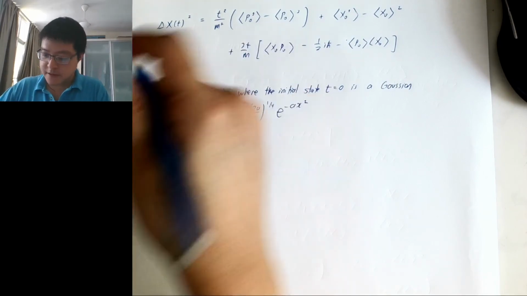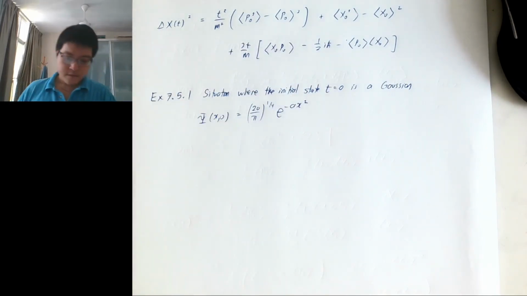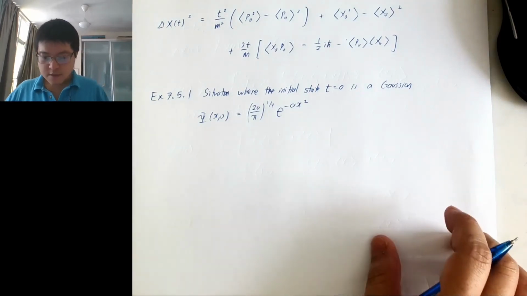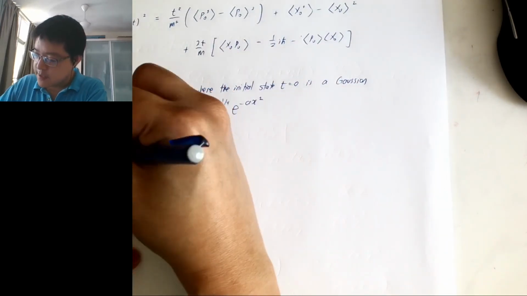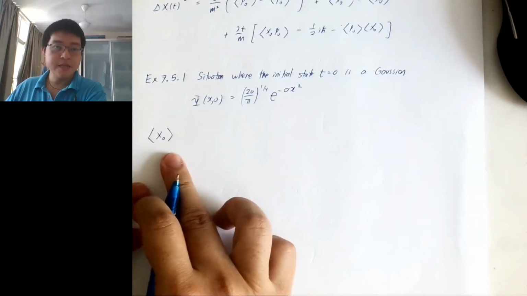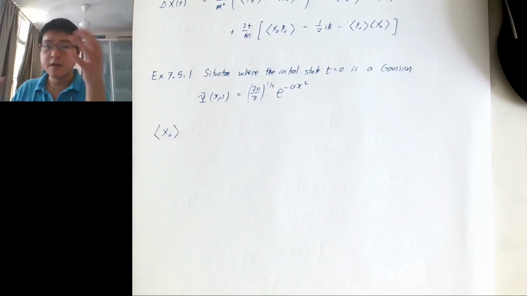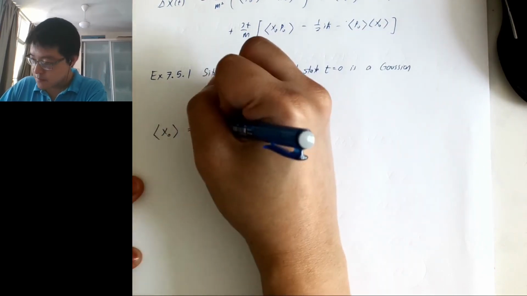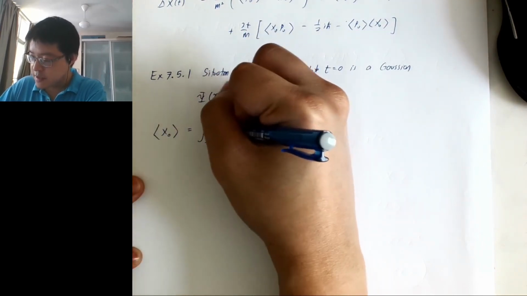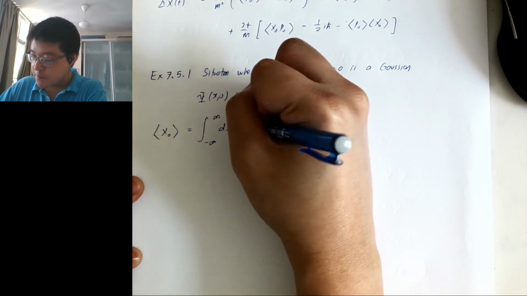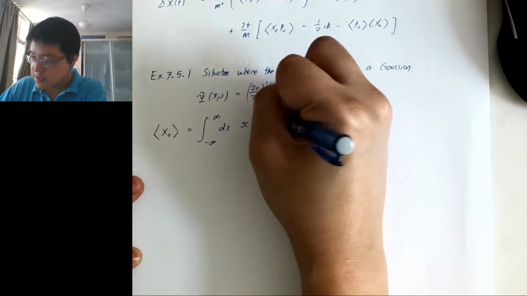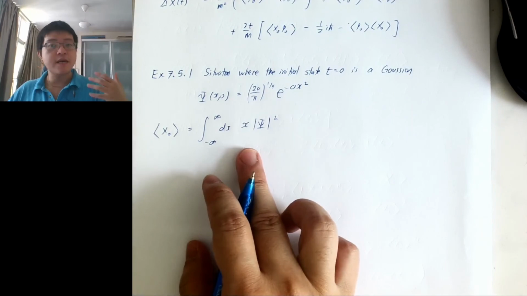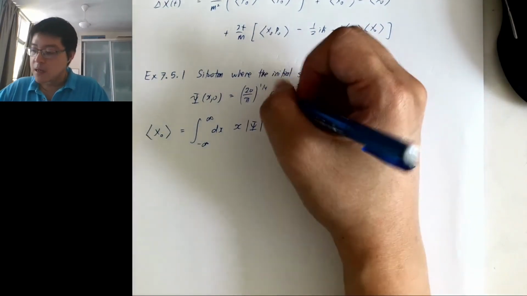Okay, so let's start with the following. What is the initial expectation value of the position? We use this wave function and our standard formula. It's just the integral of x times the wave function modulus squared. Given the wave function, this is how you calculate the expectation value of position.